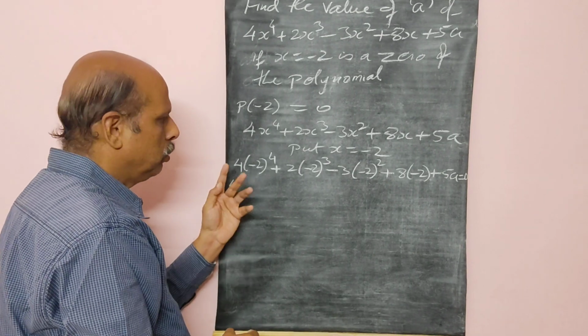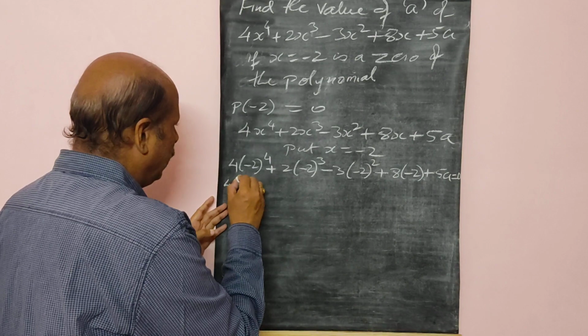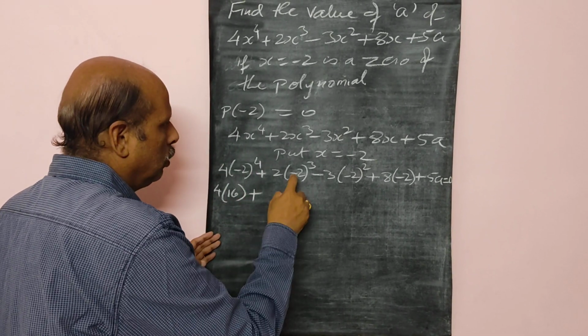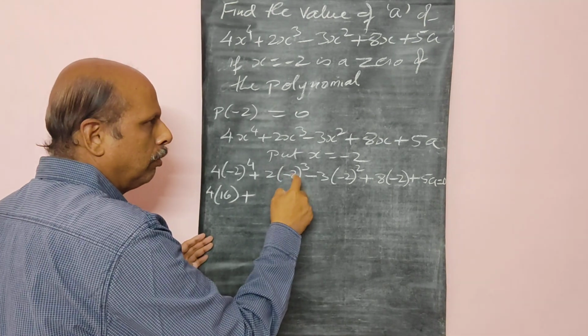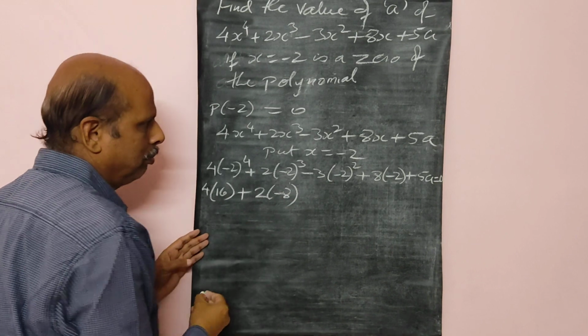Now, (minus 2) to the 4: 2 2s are 4, 4 2s are 8, 8 2s are 16, and 4 times this will be a positive number, plus 16. Plus 2 raised to 3: 2 2s are 4, 4 2s are 8, and it will be a negative number, so minus 8 you will get.